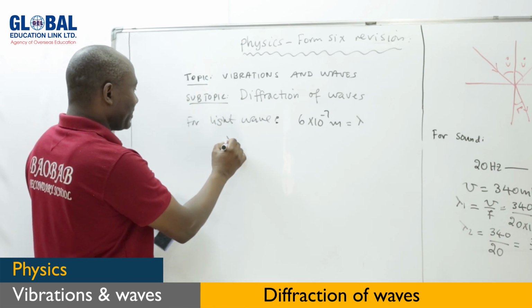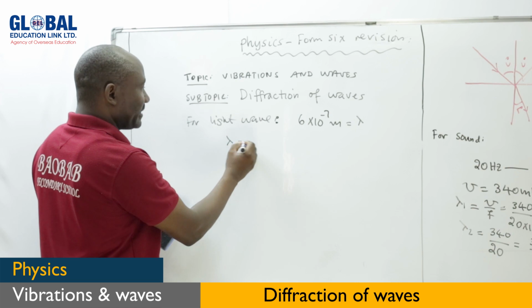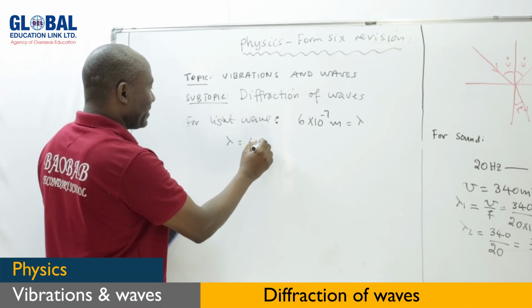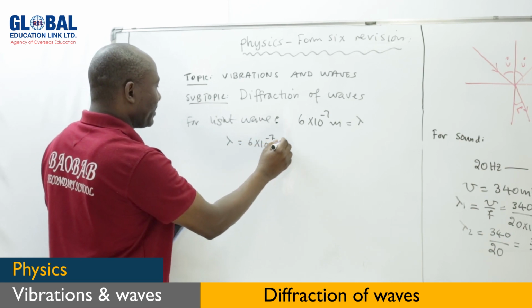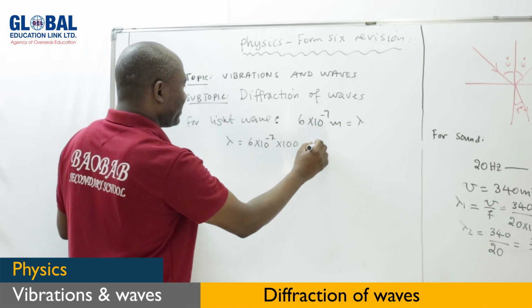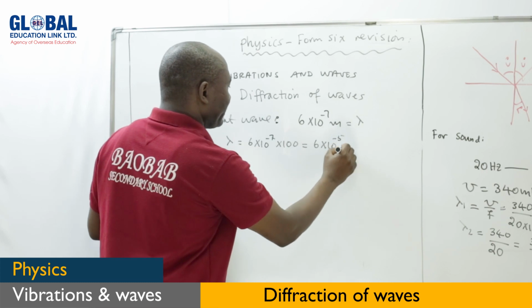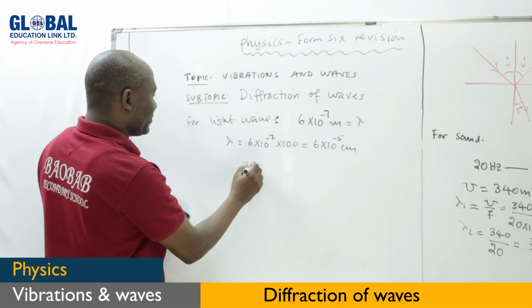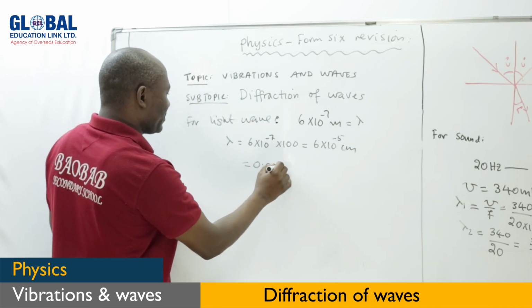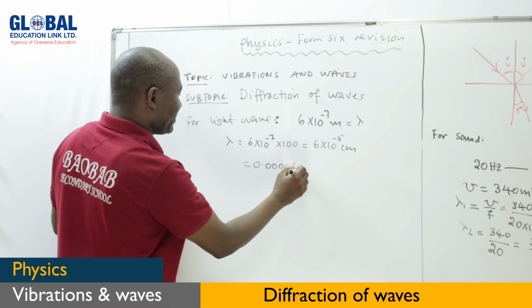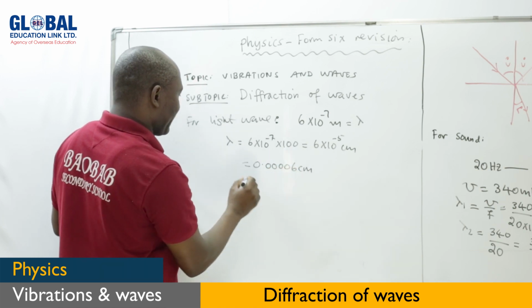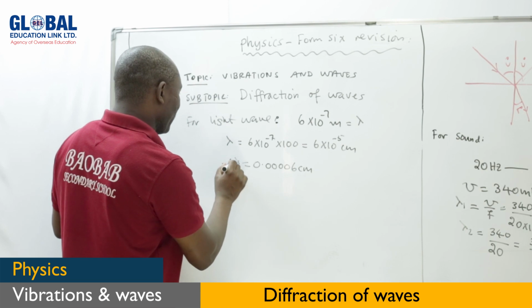So you convert this into centimeter. This is 6 times 10 negative 7 times 100, which gives us 6 times 10 negative 5 centimeter, which is equivalent to 0.00006 centimeter. This is the wavelength of light waves.